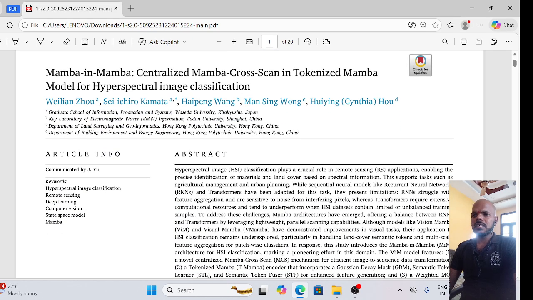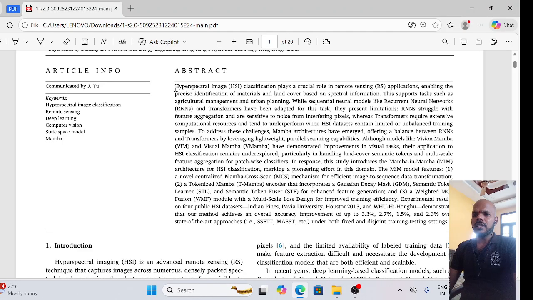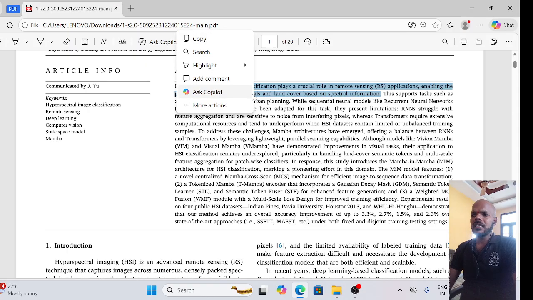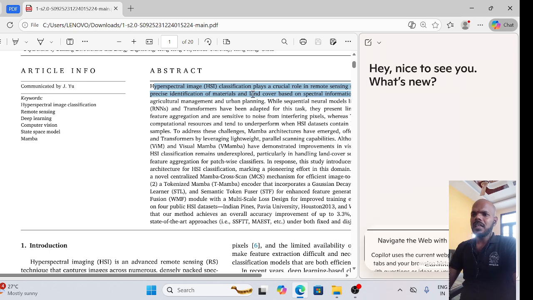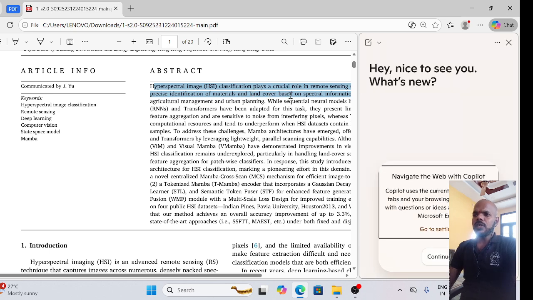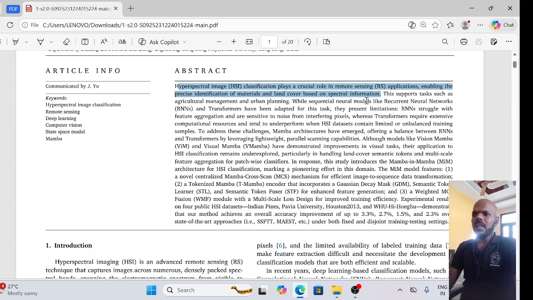Now, the first point you read: hyperspectral image classification plays a crucial role in remote sensing applications, enabling precise identification of material and land cover based on the spectral information. This point is saying what the use of hyperspectral images is.